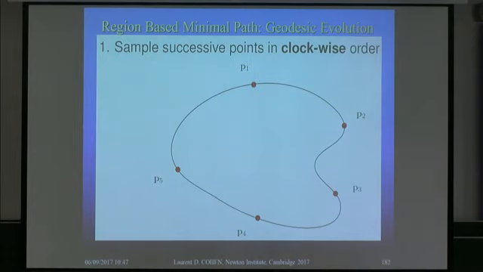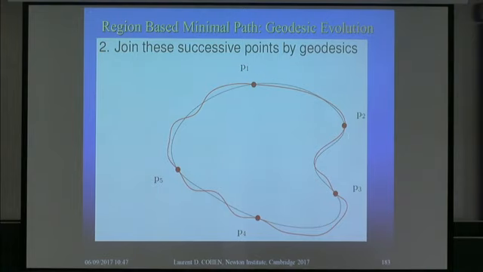So it assumes here that you have some initial curve that is on the image. Then you sample a few points on this curve, and for each of these points you find the global minimum of the Finsler metric between pairs of points.